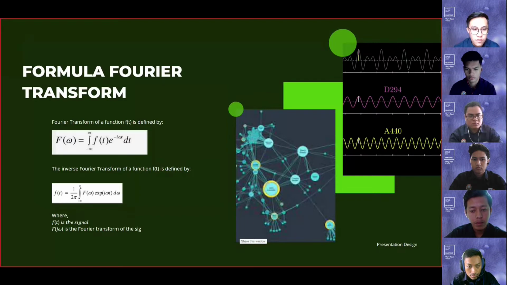The inverse Fourier transform of the function is defined by f(t) equals 1 over 2 pi times the integral from negative infinity to infinity, and the integration must be with respect to omega, of the Fourier transform signal. Okay. Next, I will pass to Daus.